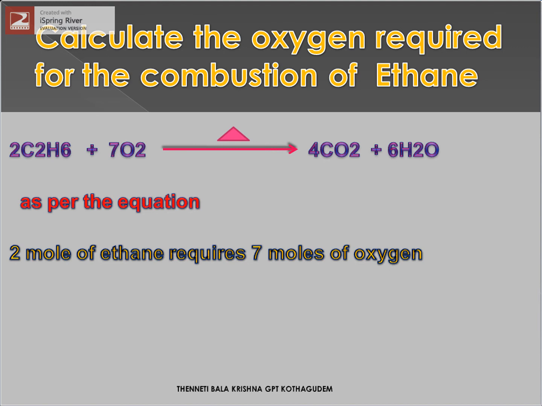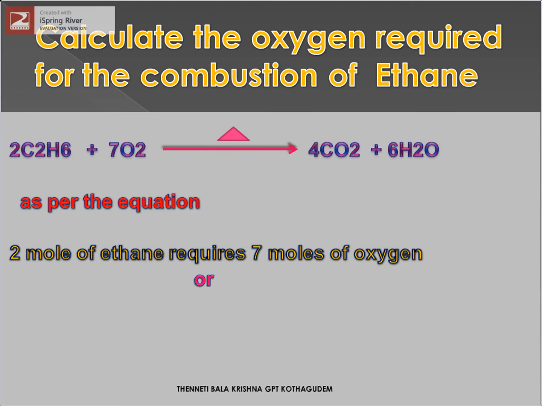Okay, 2 moles of ethane requires 7 moles of oxygen. So it is in the form of moles. It is converted into grams. What is the molecular weight of ethane, C2H6?